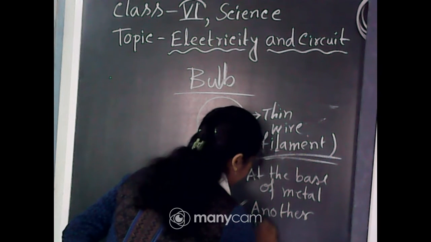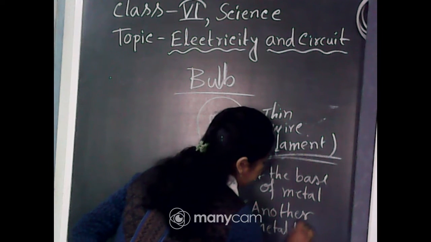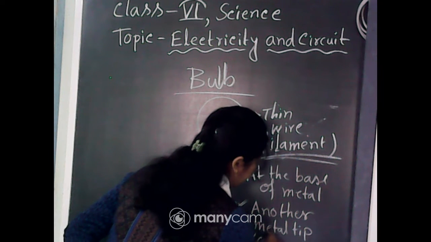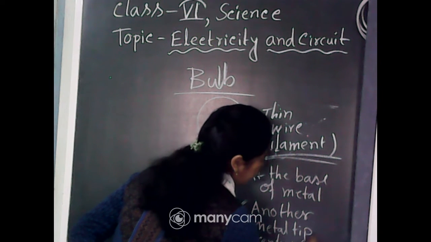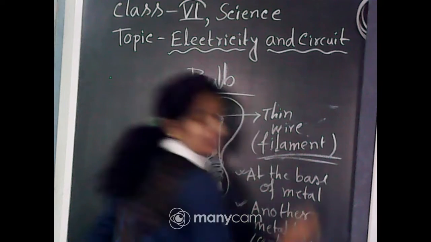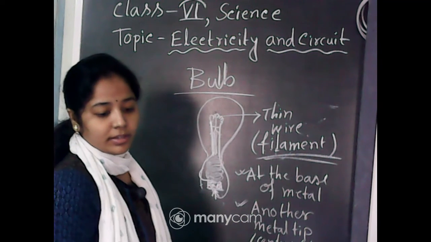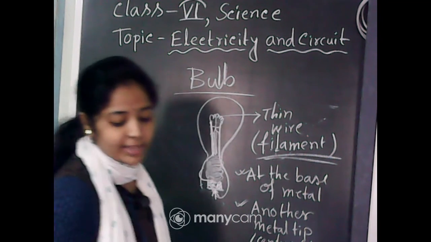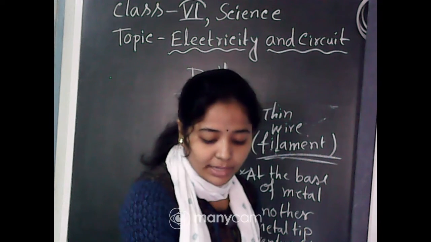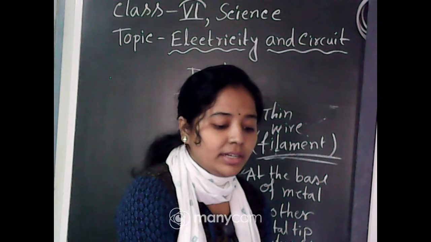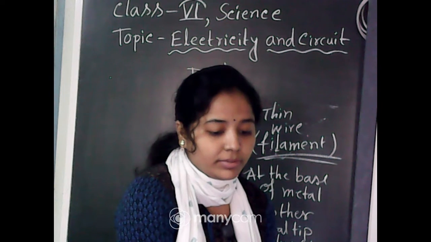Metal tip that is in the center of the base. Understood this point? So we have seen how filaments are attached to the two terminals of a bulb that are made of metals.